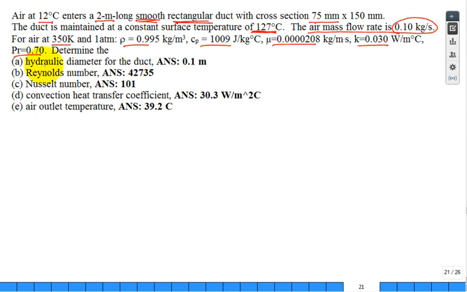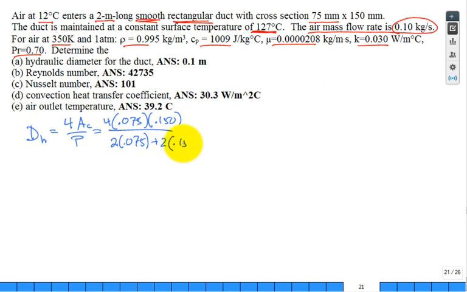What is the hydraulic diameter of the duct? How do you calculate part A? 4 A sub c divided by P. So 4 times the cross-sectional area divided by the perimeter: 4 times 0.075 meter times 0.150 meter, divided by the perimeter, which is 2 of 0.075 plus 2 of 0.150, and the answer will be in meters.